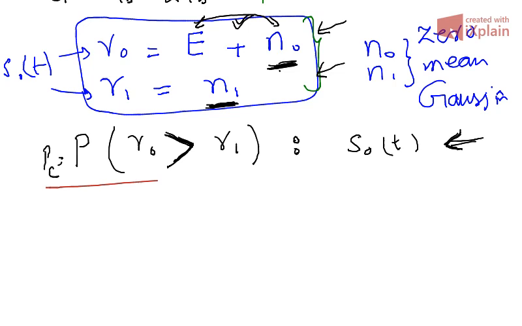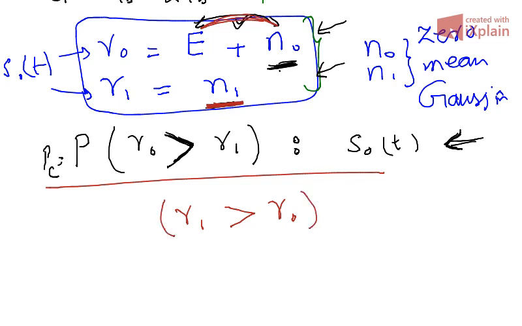But it's also possible that R1 becomes greater than R0, if the signal you receive is a very low energy signal and the noise N1 is greater, and this sum becomes less than this N1. So in that case R1 would become greater than R0, although its possibility is low.